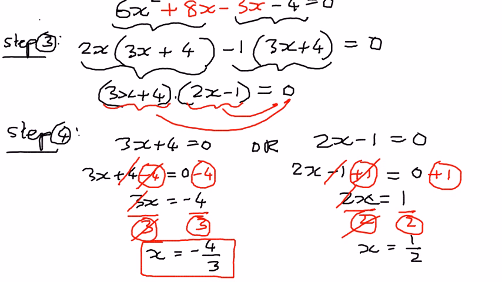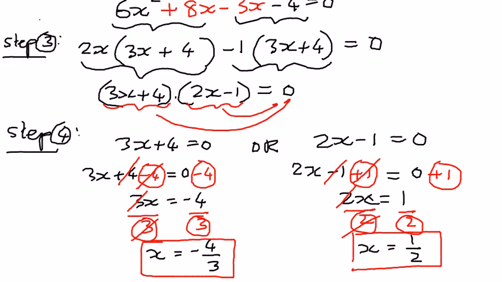So therefore the value of x here is 1/2, or the value of x is -4/3. So we have solved the quadratic equation by factoring. We have not only factored the given quadratic equation, but we have also used the zero factor property, and we were able to solve for the value of the variable x.